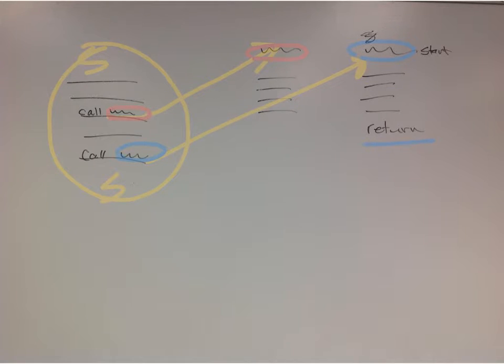Actually, let me do this: return, come back to here, this return would come back to here, and that's how you would draw out your pseudocode.